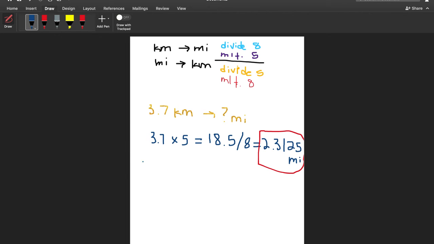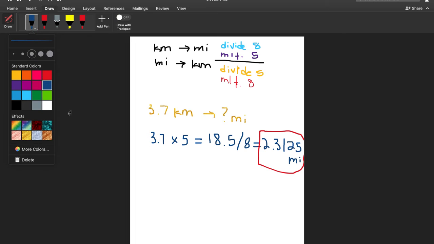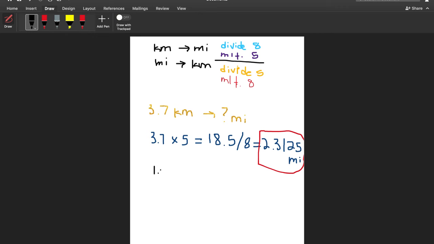Now, if we were to do a quick mathematical problem from miles, let's do 1.3 miles to how many kilometers? We would just do the exact opposite.